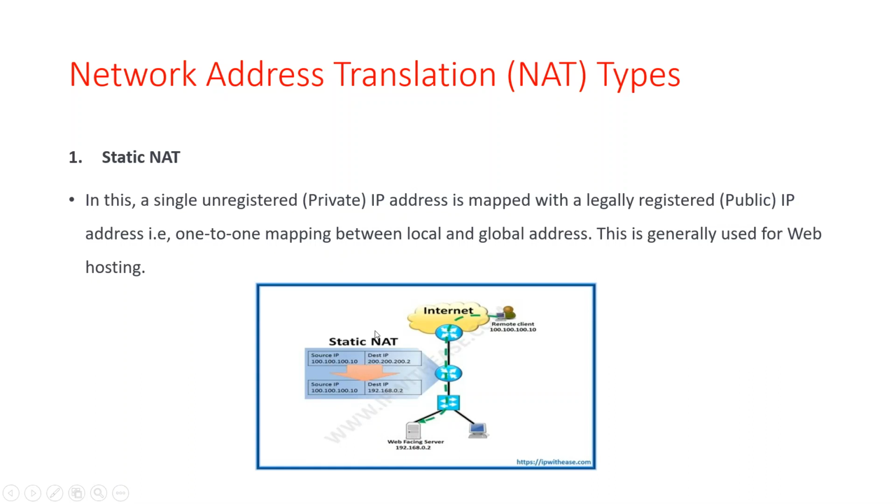So it is not used in organizations, as there are many devices that need internet access, and to provide internet access a public IP address is needed. For internet access, we require a public IP address.